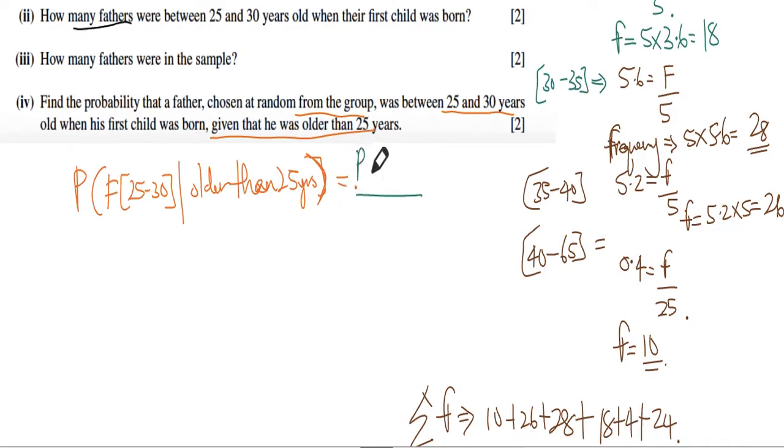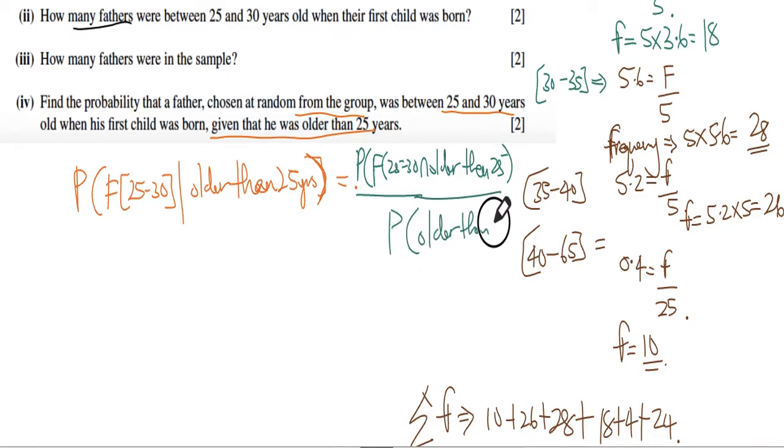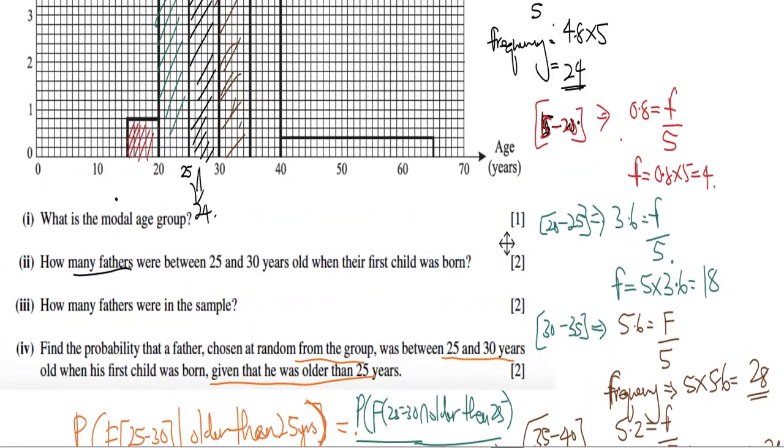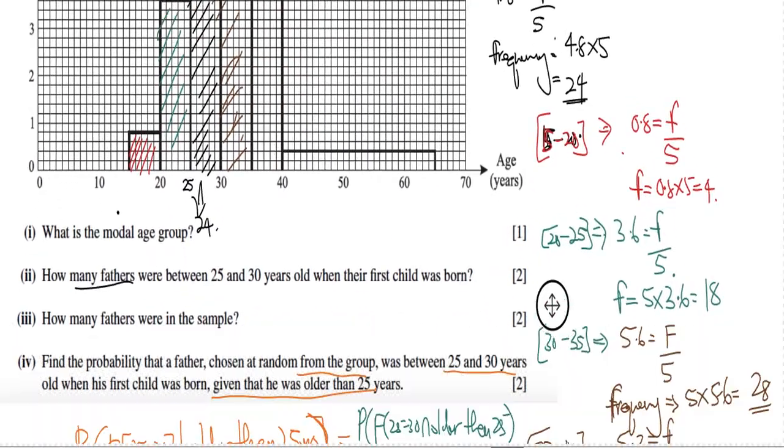This is the probability of the age being 25 to 30 intersecting with older than 25, over the probability of older than 25. First of all, let's find the total of those older than 25.